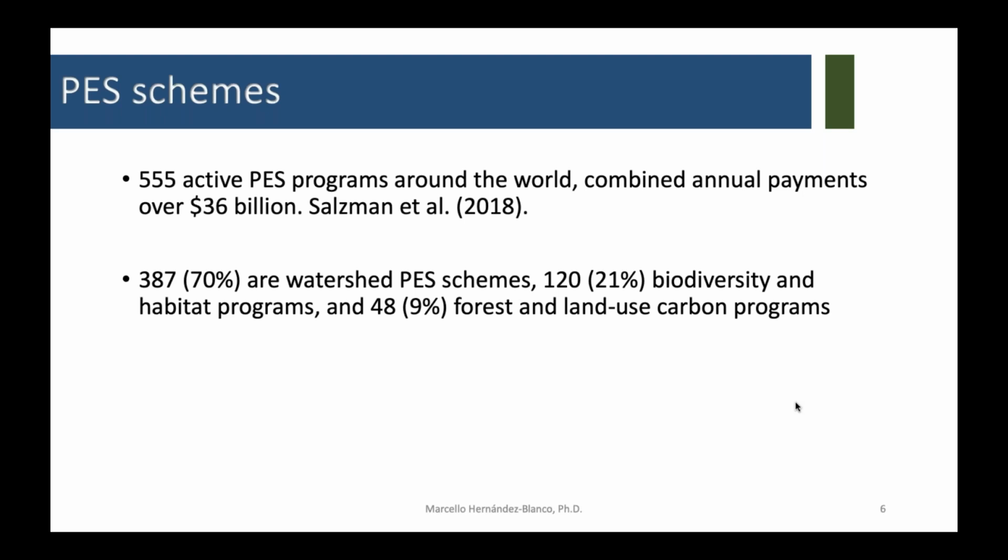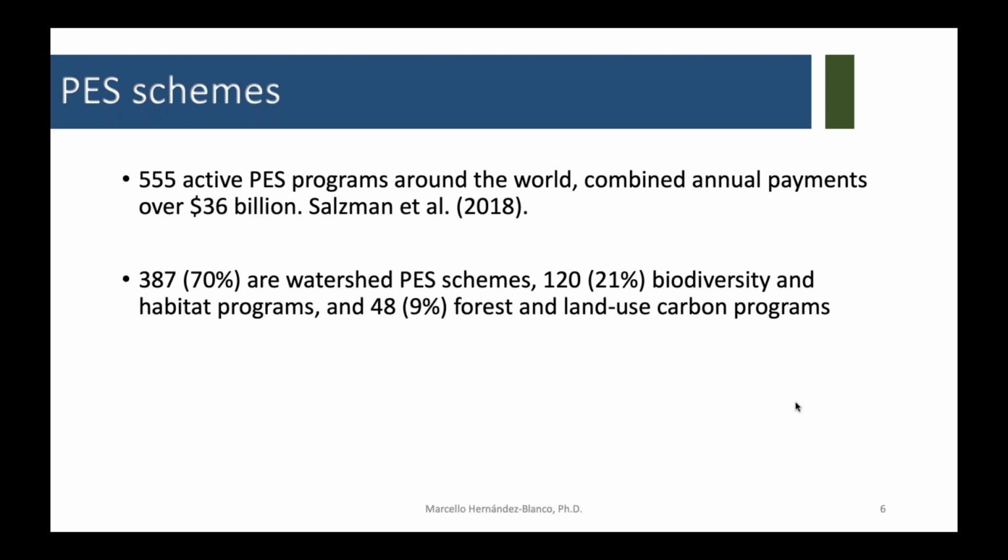70% of these are focused on watersheds, mainly water funds. These are sort of the low-hanging fruit sometimes for ecosystem services, because it's where the buyer and the beneficiary are better, or more clearly, defined.